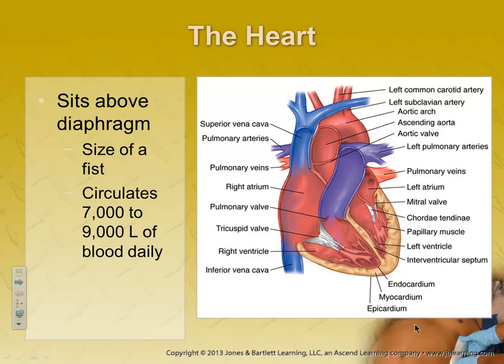So, it's the size of the fist. It circulates 7,000 to 9,000 liters of blood a day. It's a lot of blood. How much blood does the average human being have? 4 to 5 liters of blood. So your complete amount of blood is circulated a lot throughout the day.